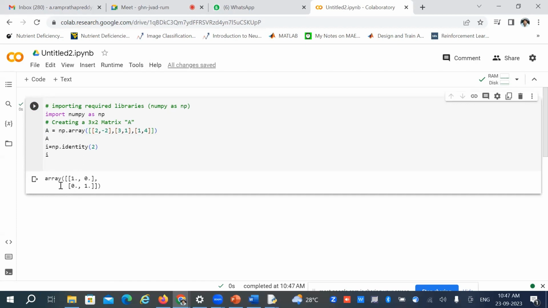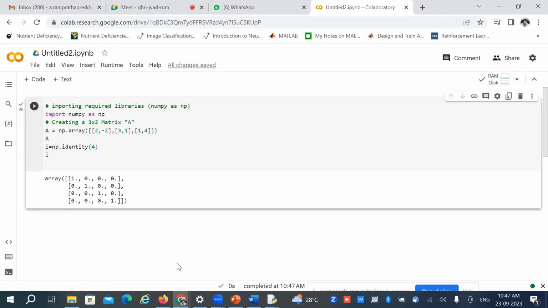This is the identity matrix, 1 0 0 1. Here it considers 1 point something, 0 point something. The point also represents it. So when I write identity matrix of 4, it creates a 4 by 4. It always creates a square matrix because the identity matrix is a square matrix.